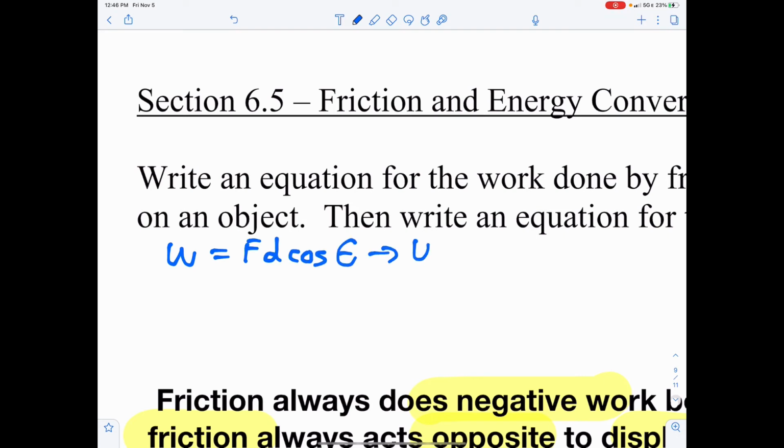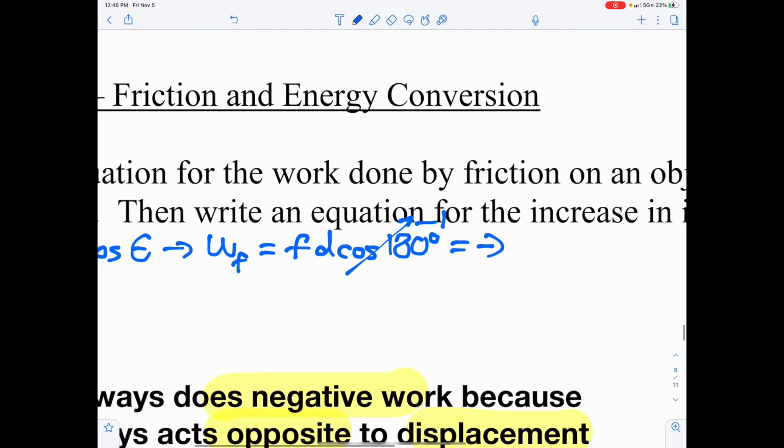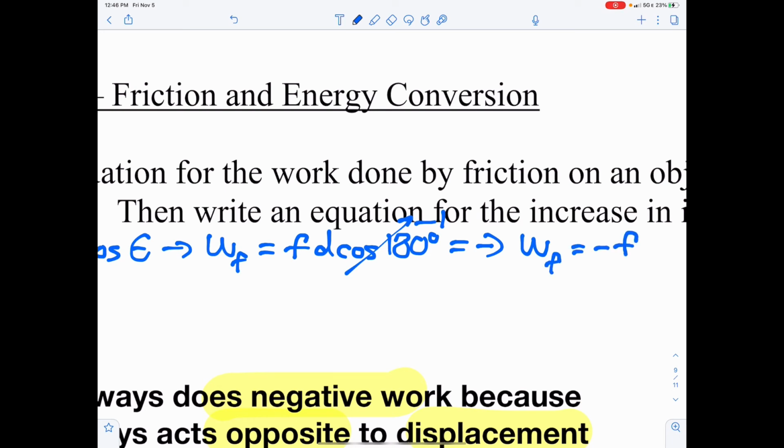Well, the work done by friction would be friction times distance times the cosine of 180 degrees. Now, the cosine of 180 degrees is -1, which tells us that the work done by friction is equal to negative friction times distance.